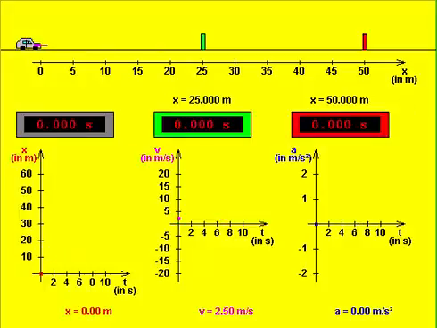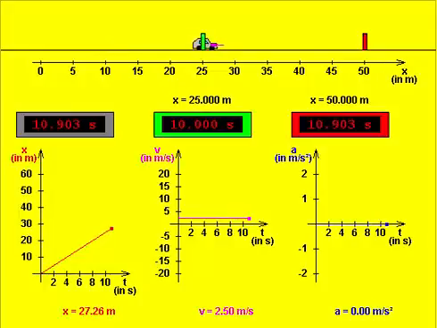Let's reset it. Start the fourth trial. There you go. Measure the x and t values for the fourth trial. Let's reset it and go for the fifth trial. All right, measure your values now.